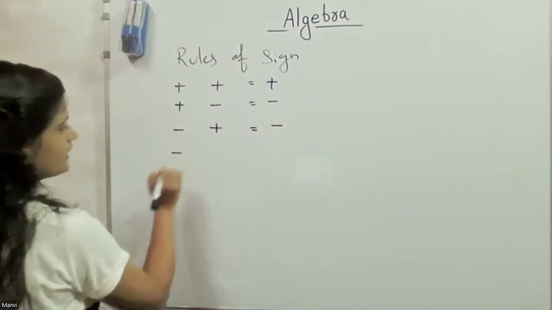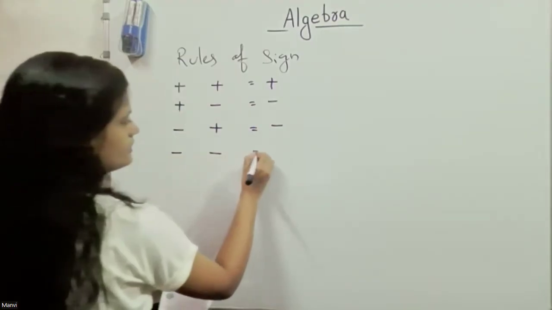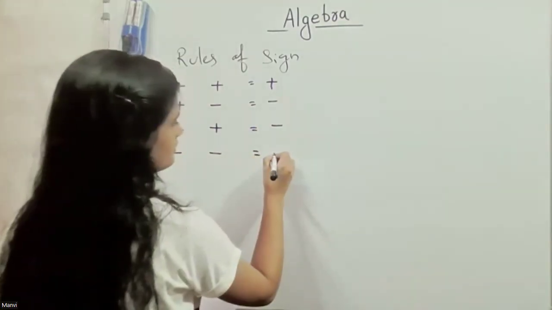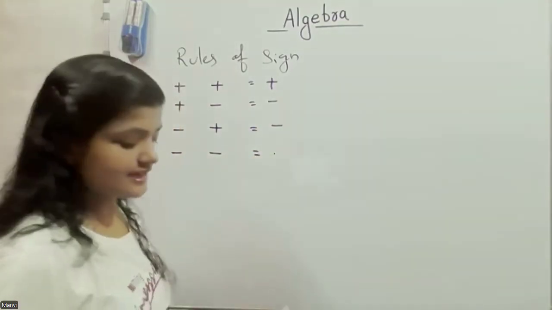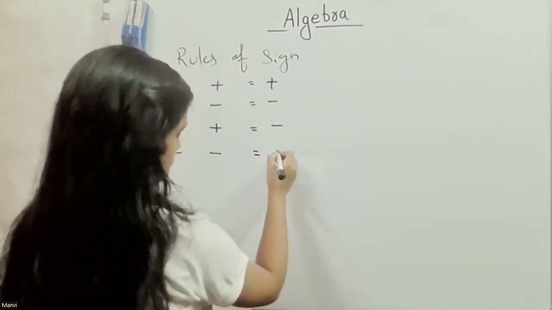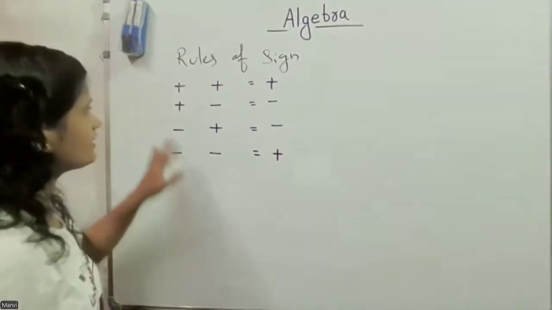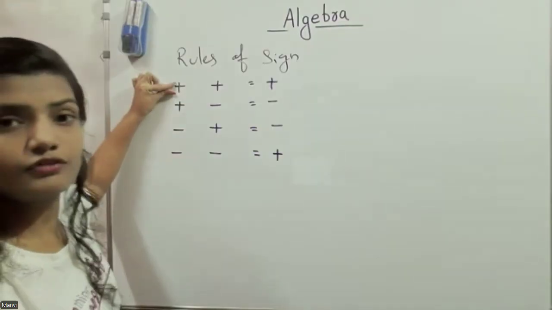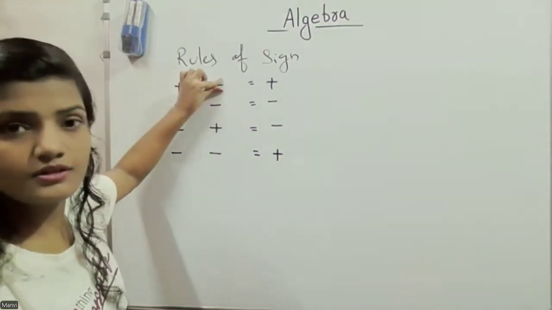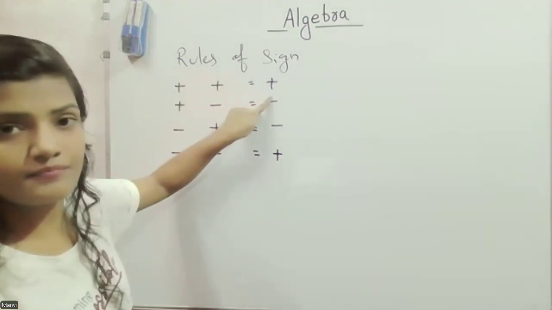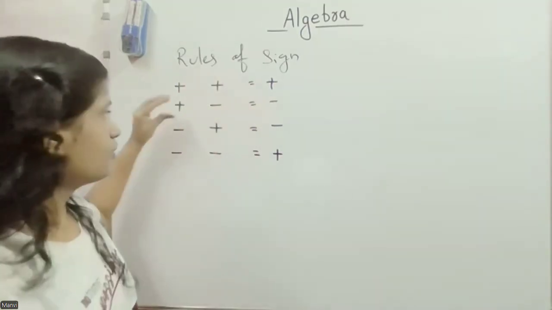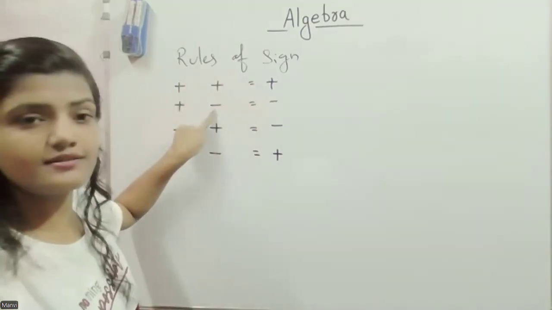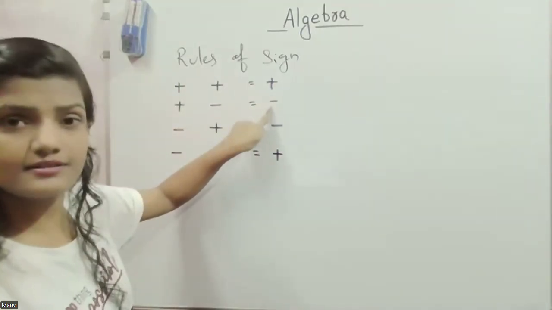And one negative then another negative, we must write the sign as positive. So when we have the same sign, plus and plus, we always write plus. When we have different signs, one plus and the other minus, we need to write minus.